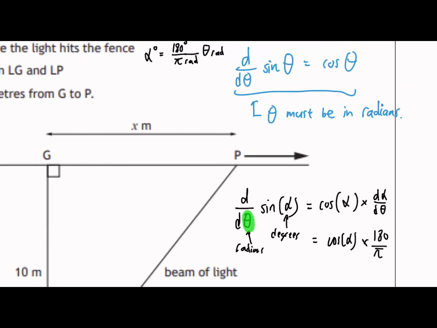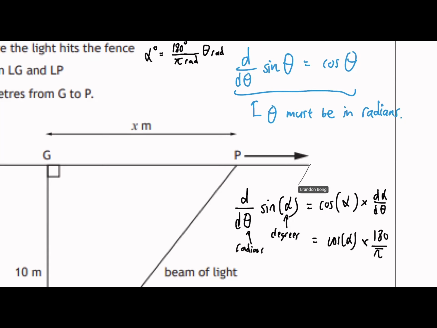Then with respect to this, the function at the bottom must still be theta, which is in radians. Cannot be in degrees. Okay, maybe it can, if it is still in degrees, not sure.